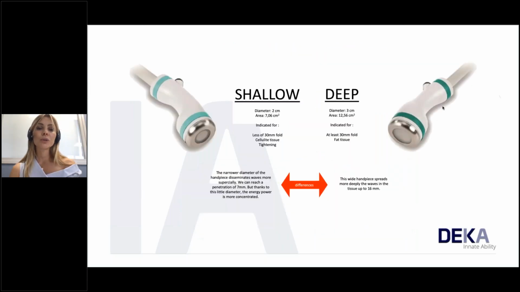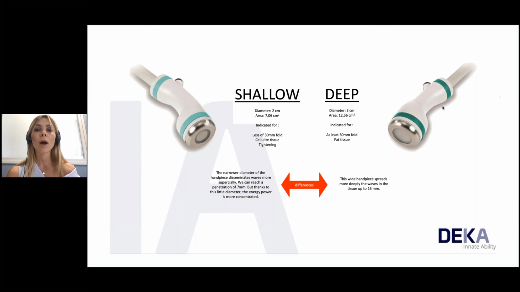We have two different end-pieces, a shallow end-piece and a deep end-piece. Both of them can treat the same blemishes, but the shallow end-piece is able to reach 0.7 millimeter. The deep end-piece is able to reach 1.6 millimeter.